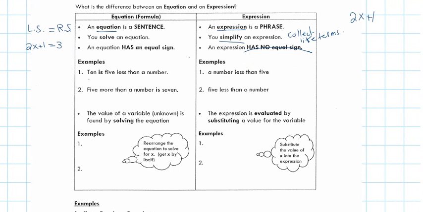Do I know what that number is? 10 is translated into equal to. So 10 is, that means 10 equals. Then 5 less than a number. How would I write that? It's not 5 minus x.